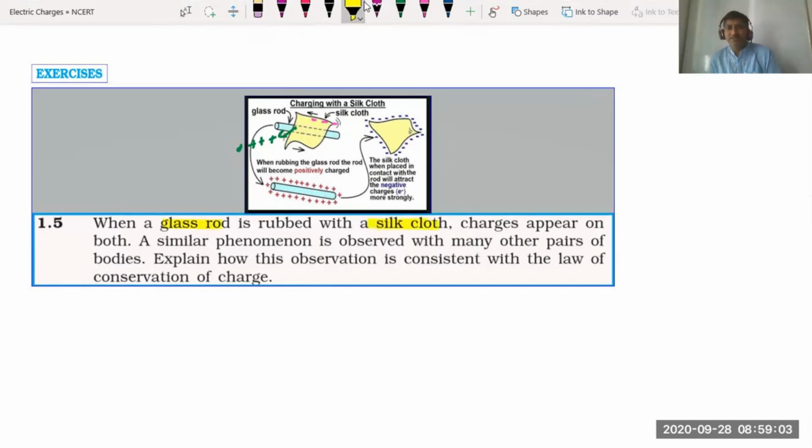Charges appear on both, yes, obviously. A similar phenomenon is observed with many other pairs of bodies. Explain how this observation is consistent with the law of conservation of charge. That is what we have to explain.